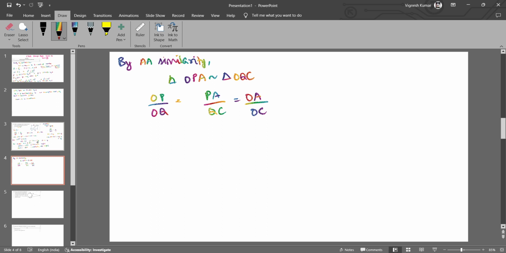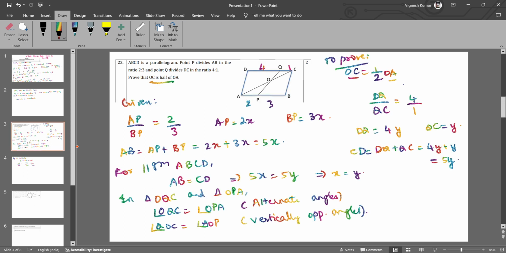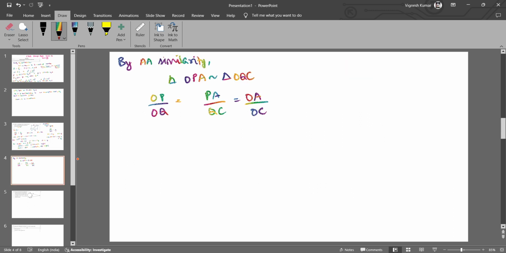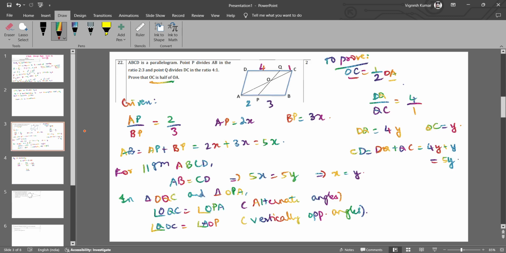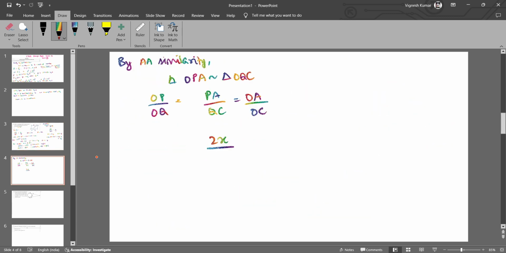But already we have the value of AP as 2x. So this is 2x divided by QC, whose value we have as y, is equal to OA divided by OC.